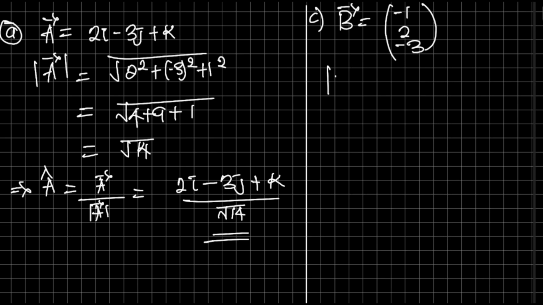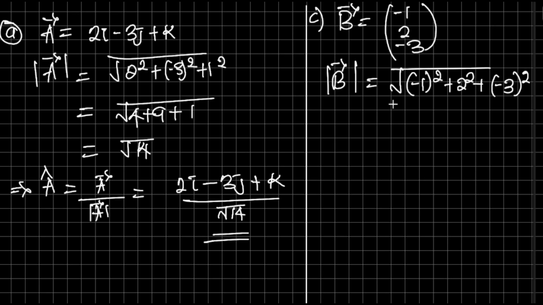So the modulus of B will be equal to the square root of (minus 1) squared plus 2 squared plus (minus 3) squared. And this is 1 plus 4 plus 9, which is the same thing, 14.